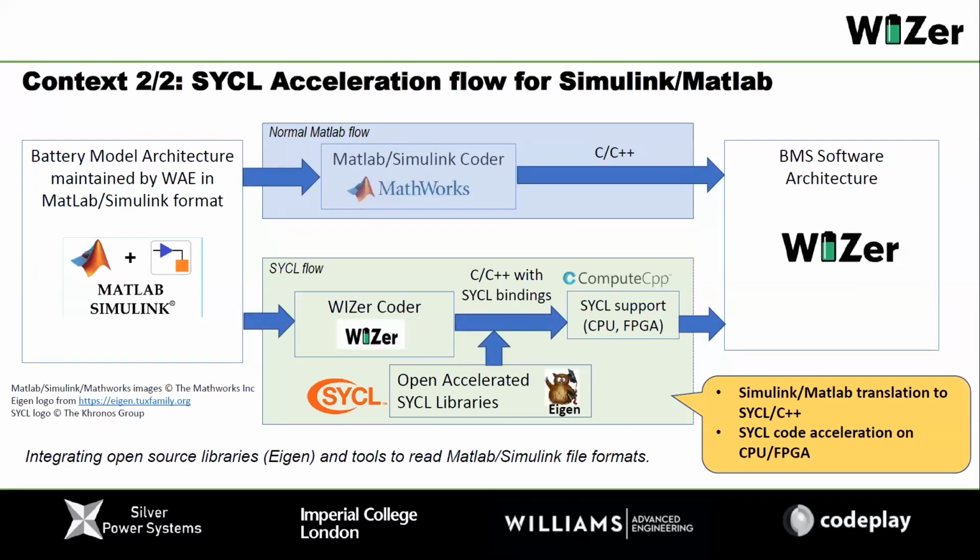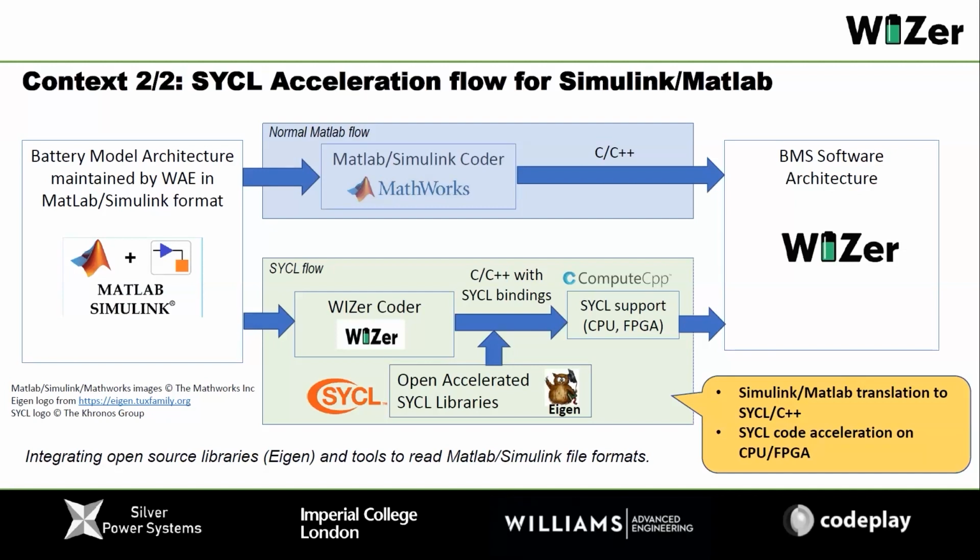This is really the flow, how it works. The models come in, developed by Williams and Imperial. They were fed through the toolchain called Matlab Simulink Coder, which generates mostly C code, which is then integrated into the battery management software and system. We replace this with our tool flow, which is in the green box.